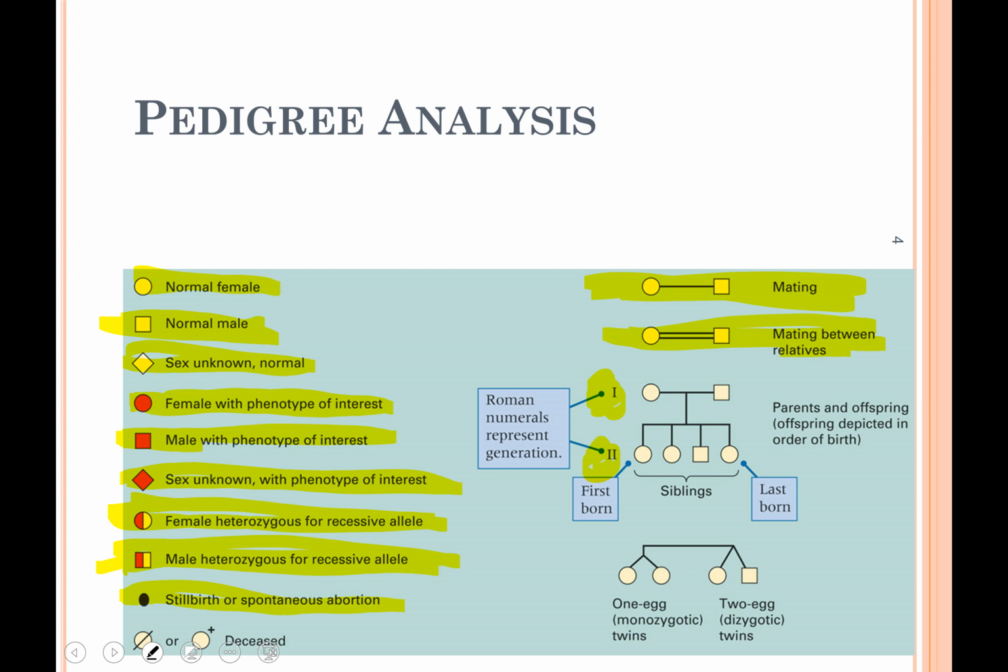In this particular pedigree, a male and a female get together and have 4 children, 3 of which are female and 1 of which is a male.